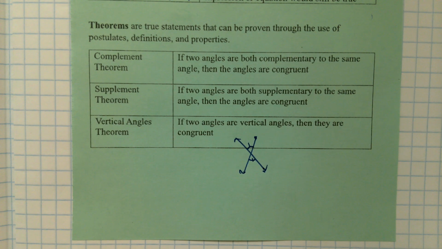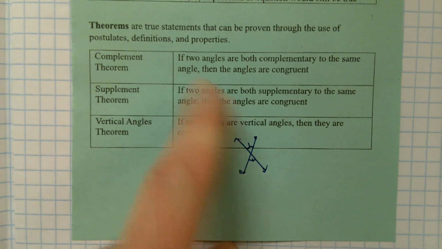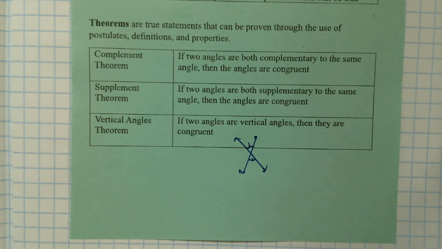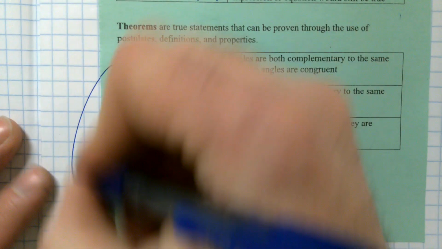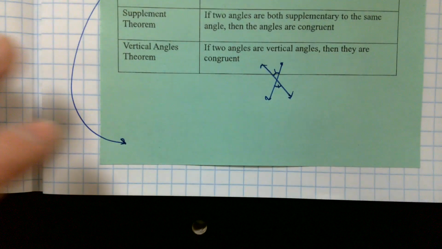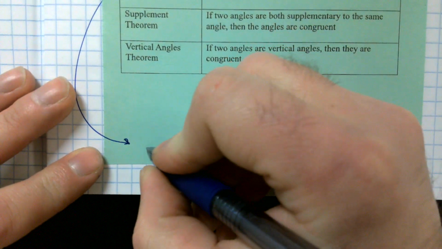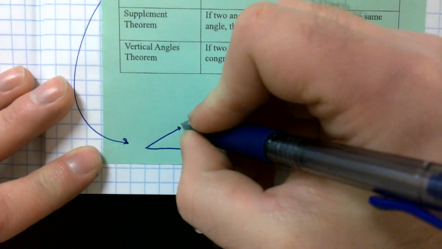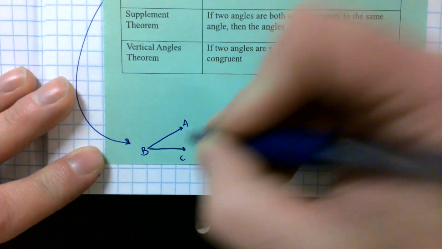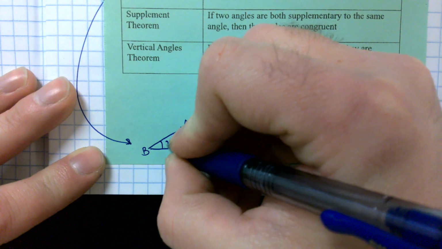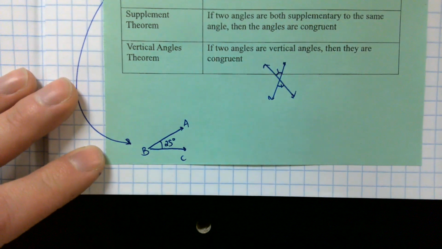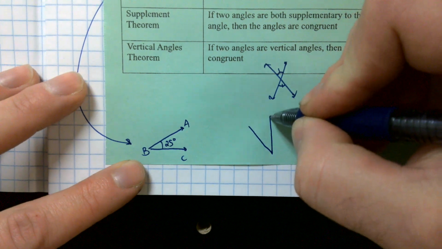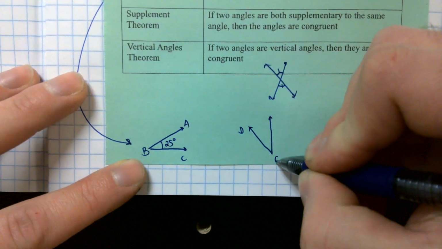Tyler, can you explain the complement theorem? Yeah. So the complement theorem says that if two angles are both complementary to the same angle... So what would that look like? I'll do it down here. If I have, let's call this ABC, and it's 25 degrees, and I have this angle over here, that's DEF.